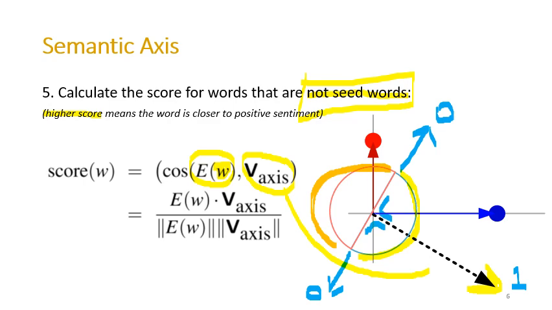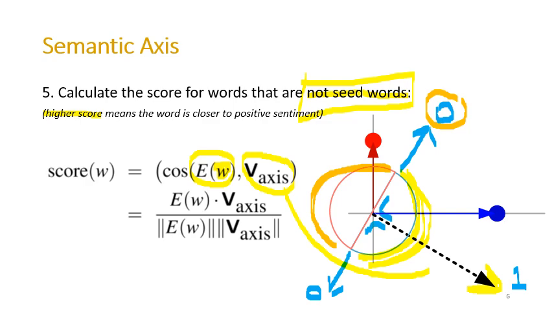Now, using this 0 as the threshold, you might say that anything with positive score can be inferred as positive word, and anything with negative cosine similarity can be inferred as negative words. You may use such kind of rule to conclude.